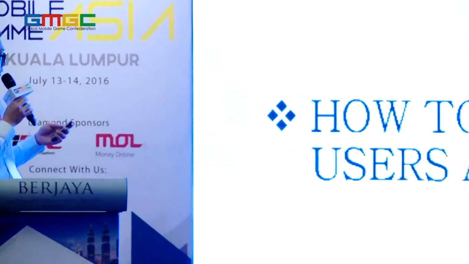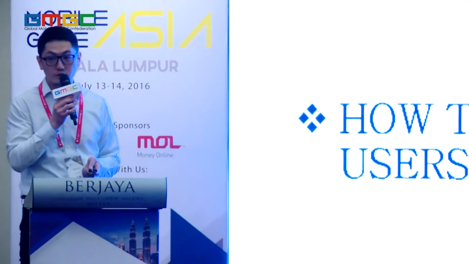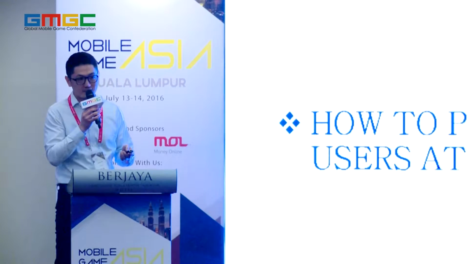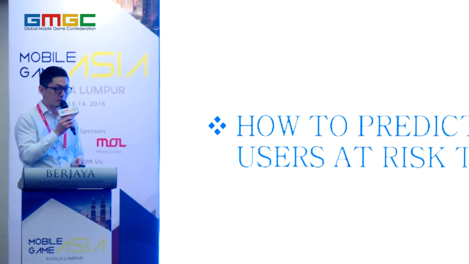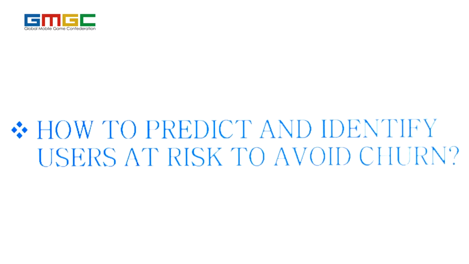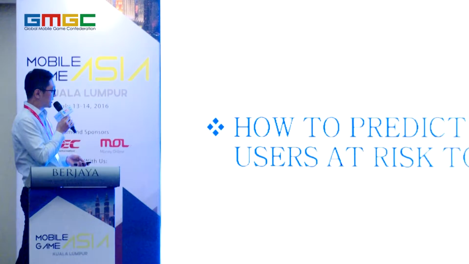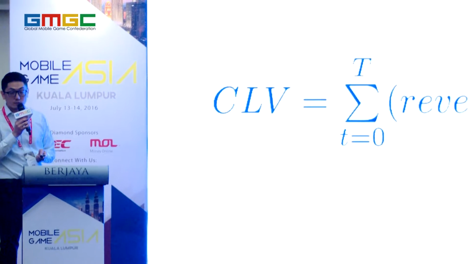So how do you predict and identify users at risk to avoid churn? There are a lot of analytics you can look into to understand your user behavior. Here is an algorithm I wanted to share with you that can predict a user before they churn out. We first look at the customer lifetime value.